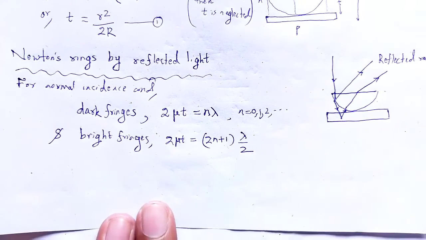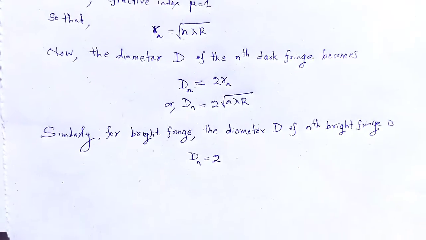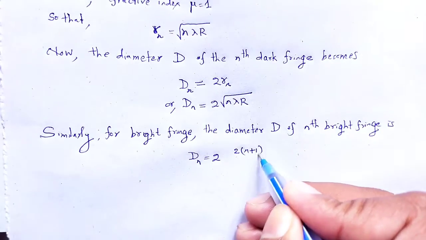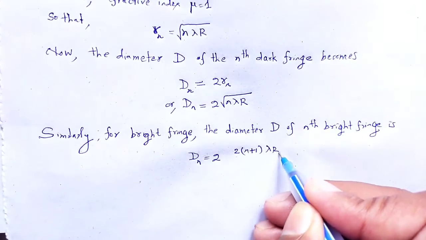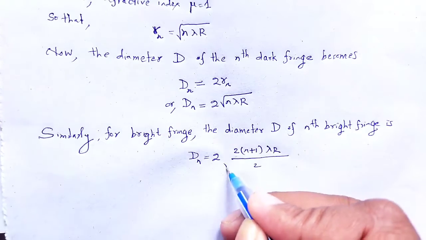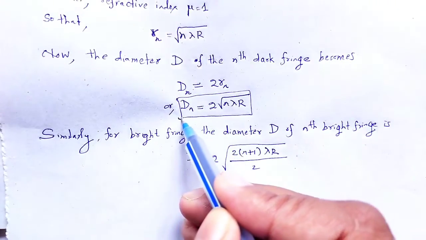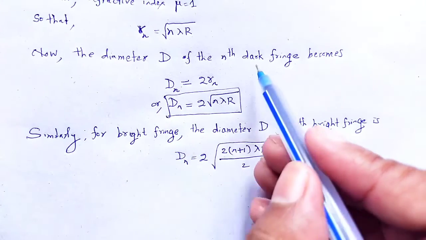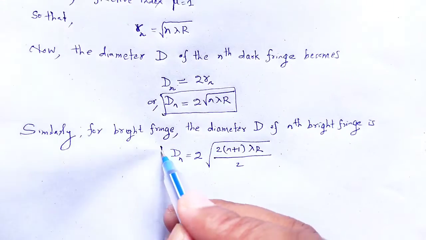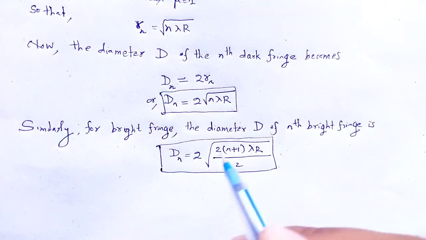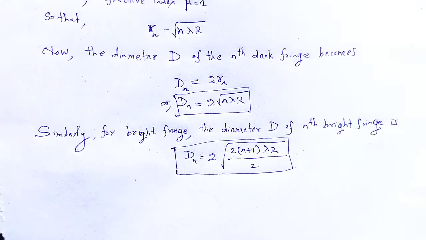By putting these values here, we have dn is equal to 2 under root of (2n plus 1) lambda R divided by 2. That will be the diameter for the nth dark fringe, and that will be the diameter for the nth bright fringe.